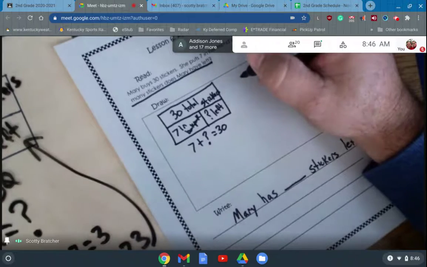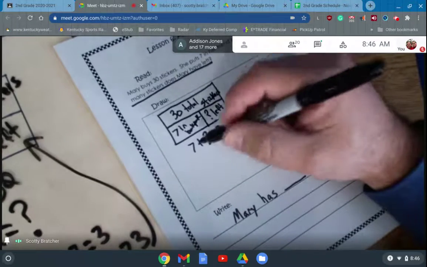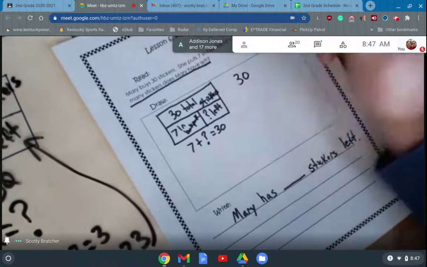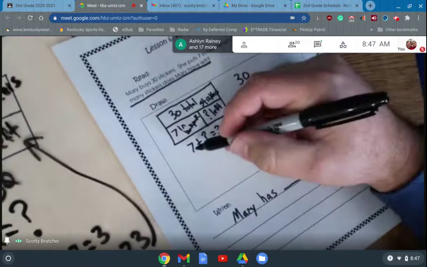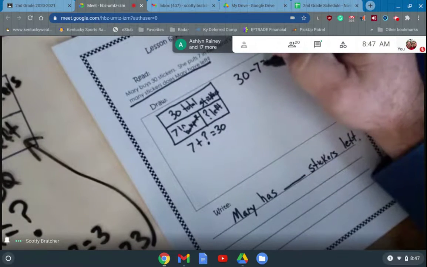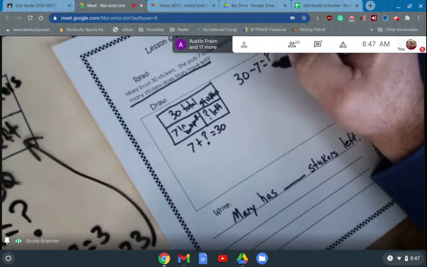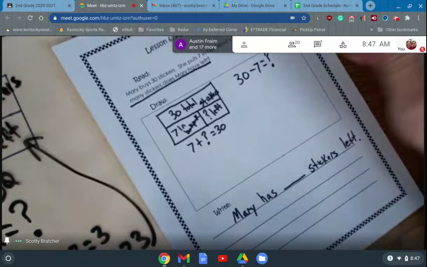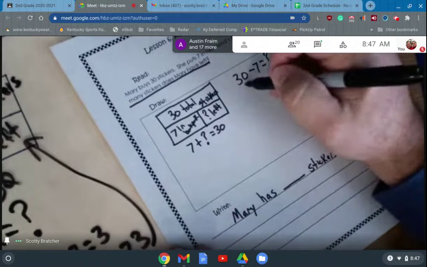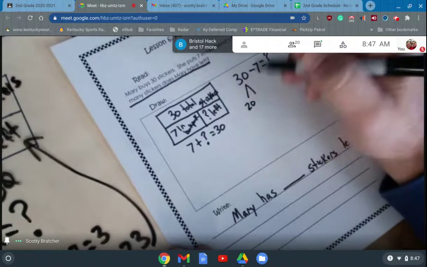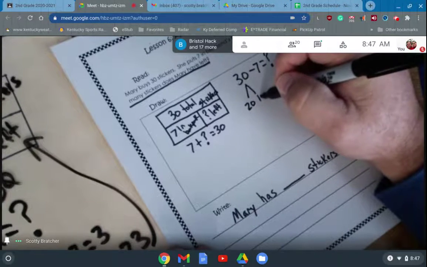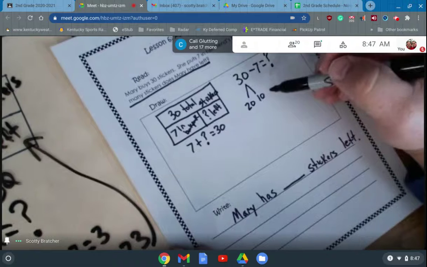When it's a missing add-in problem, I always put the big number first, which is 30. I'm going to take what I do know away, and it's going to leave me what I did not know. And we use the take from 10 strategy, and we broke the 30 into a 20 and a 10.